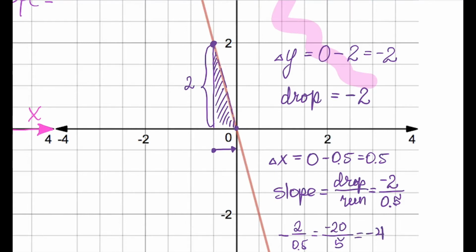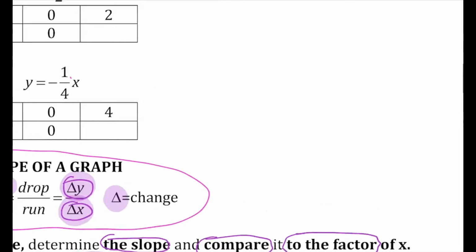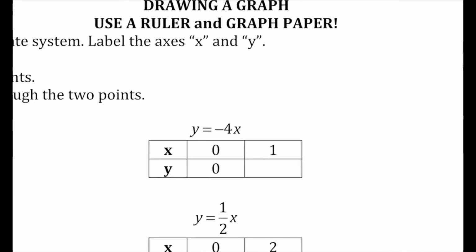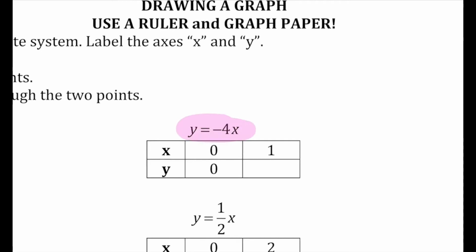So my slope for graph 2 is -4. And again, if I go back to my function, to the equation, it was y equals -4x. And what do you know? This number right here is the slope. Boom. So that's how you calculate the slope.